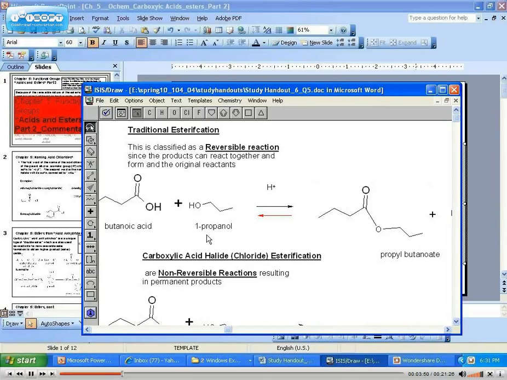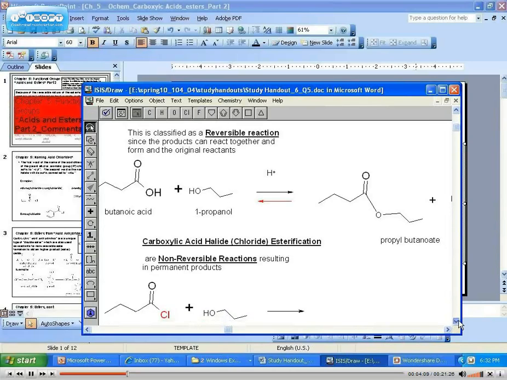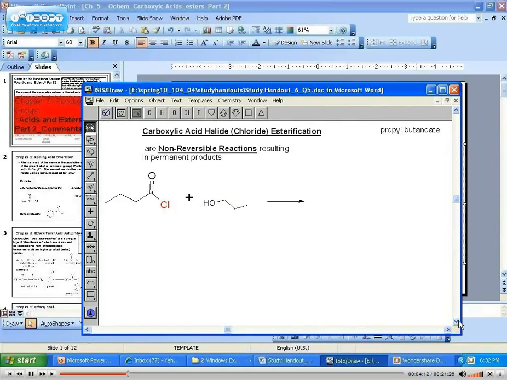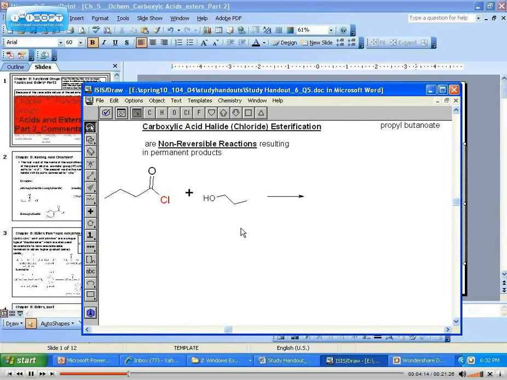However, in this type of ester reaction, it's considered a reversible reaction, because just as soon as the product forms, a reverse reaction can immediately occur, resulting in the original reactants. Now, to create a desired permanent product, we have another type of esterification that we can go ahead and use.